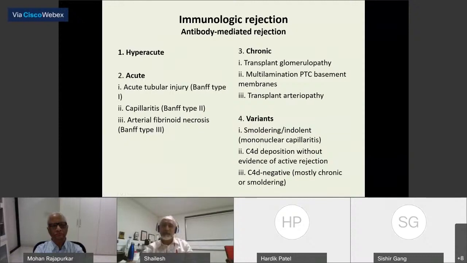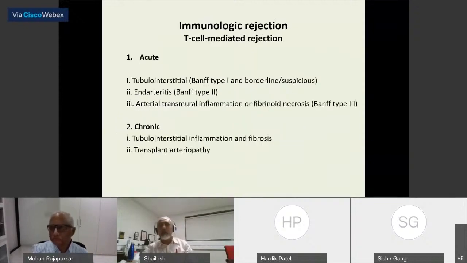And there are some C4d negative antibody-mediated rejections or isolated vascular lesions, which may be part of subclinical antibody-mediated rejection. In T-cell-mediated rejection, there are two categories. One is acute T-cell-mediated rejection, where the tubulointerstitium is predominantly involved, with various grades of tubulitis, that is, T2, T3 grade.